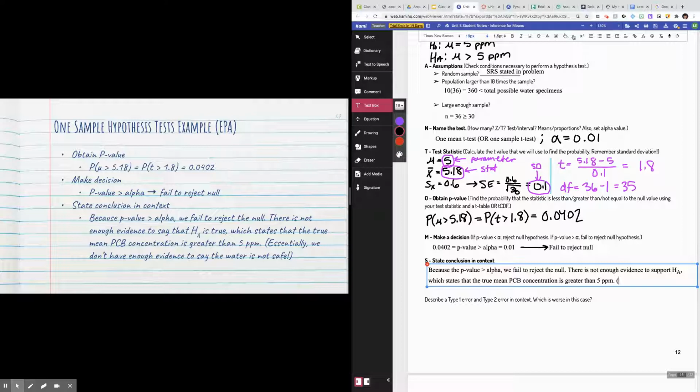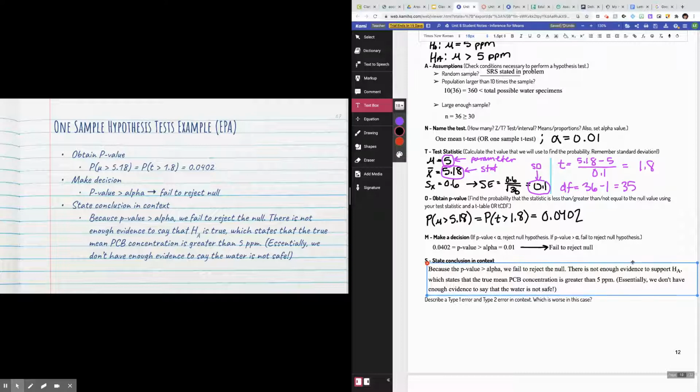Okay, and then I put in layman's terms, essentially, we don't have enough evidence to say that the water is not safe. So we're not straight up claiming that it is safe, right?